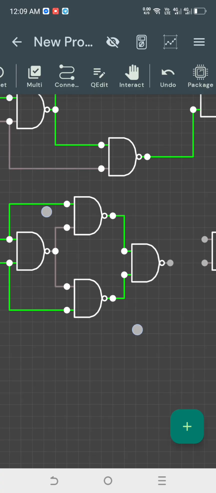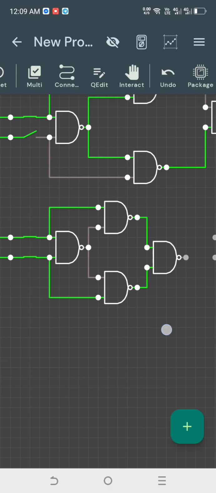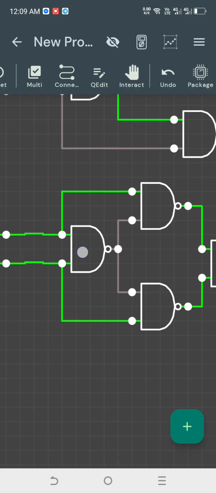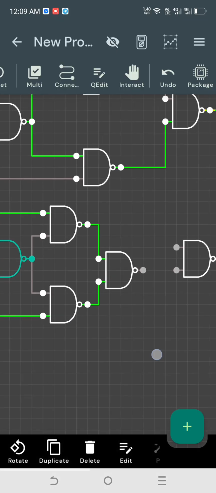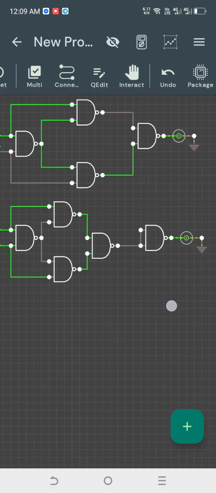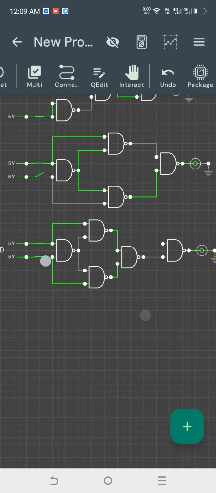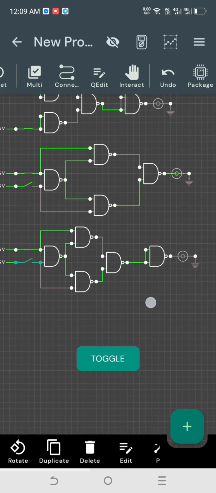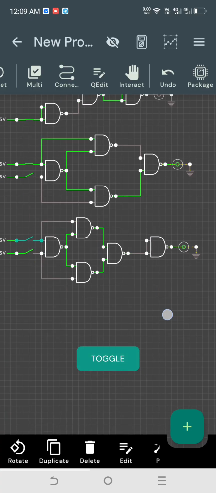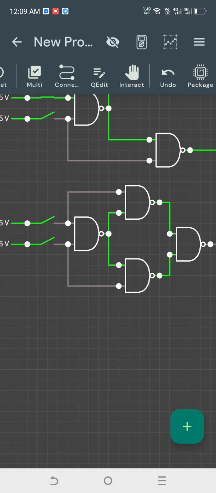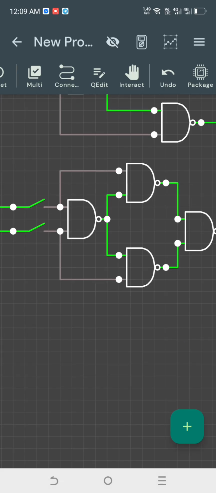In the NAND truth table, only when both are 1 will the output be 0. So both these lines are not working. Next is here. Alright, now it's working. Now if we turn this off, as you can see, it's not working. Now if I turn this off, both switches are off, the input is 0 and 0, and the output will be 1.